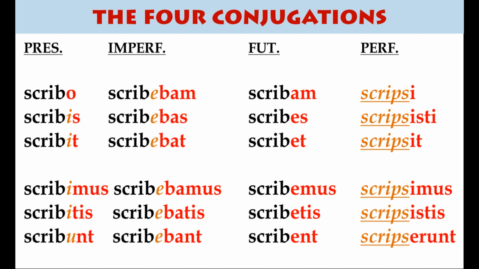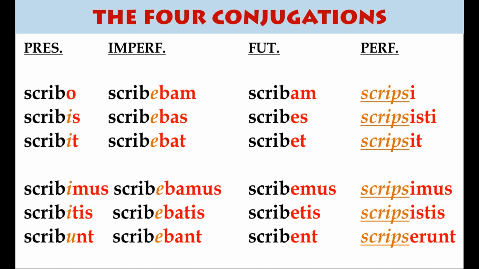And it's in the perfect tense that things become complicated. The perfect tense for group 3 verbs often has a form, a stem, the basic root that you stick the endings on. The endings, you'll notice, are completely regular. Thank God for that. I, isti, it, imus, istis, erunt.